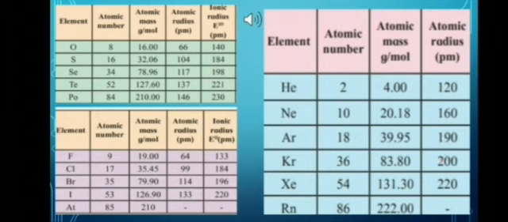Generally, atomic radii decrease moving from left to right, but the atomic radii of noble gases are found to be larger than those of the halogen atoms. This is due to the increased electronic repulsion between the completely filled valence shells in the noble gases. Here, atomic radii correspond to the van der Waals radii, which are larger than the covalent and the ionic radii.